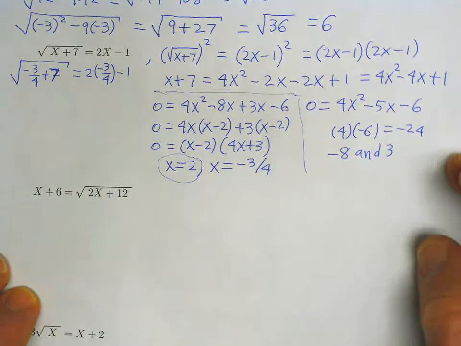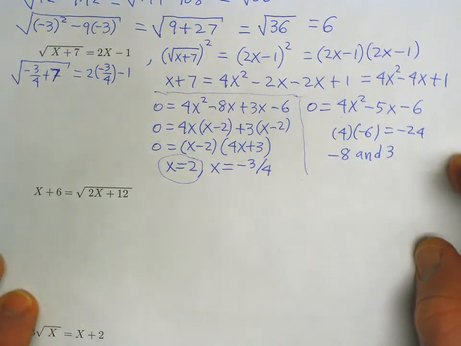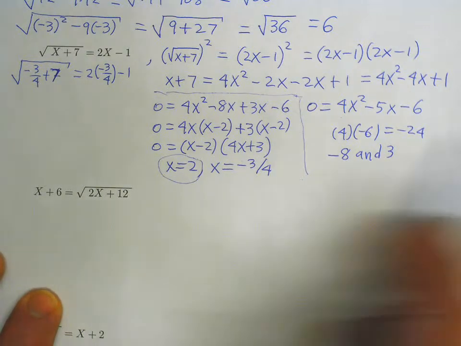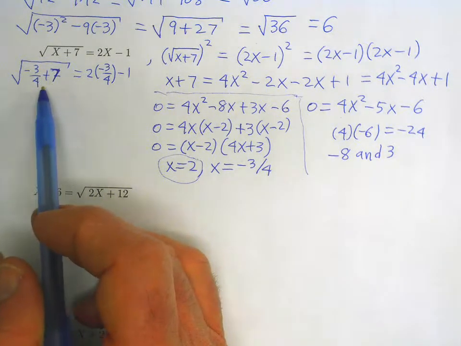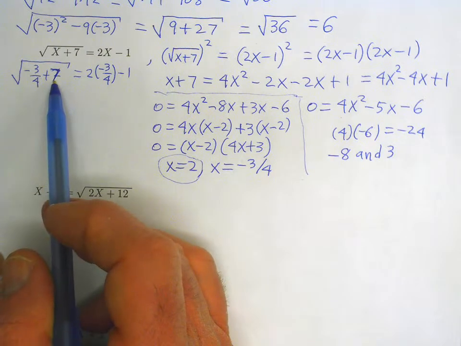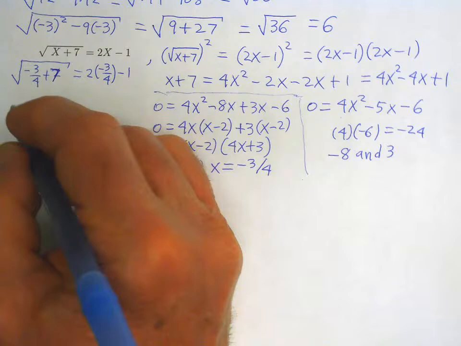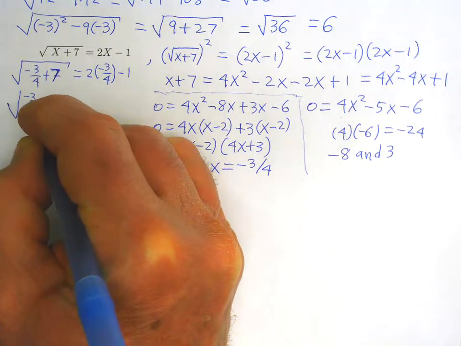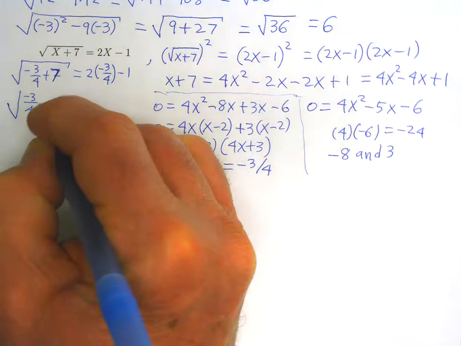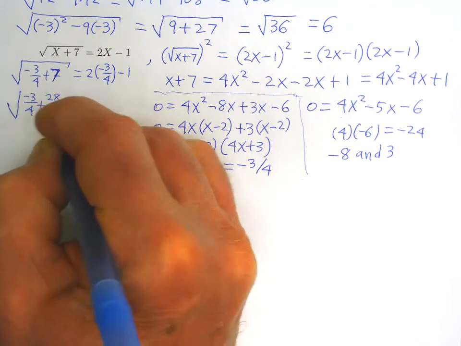So we already have enough information, but let's take it a step or two further. On the inside of the square root, we have to add negative 3/4 to 7, so we have to have a common denominator. And the common denominator is 4, so 7 is equivalent to 28 over 4. So we get the square root of negative 3/4 plus 28/4.